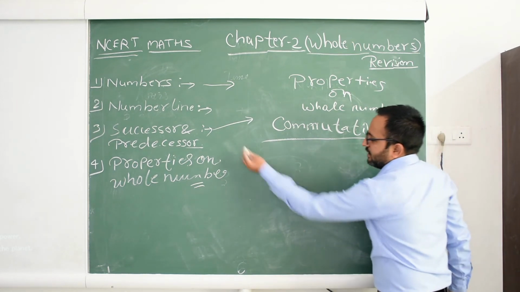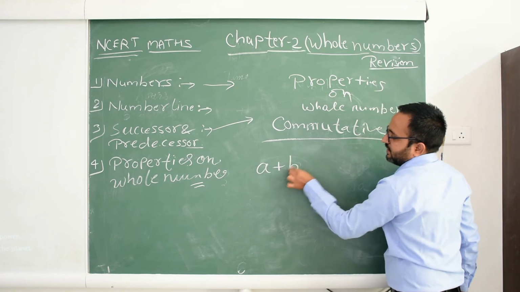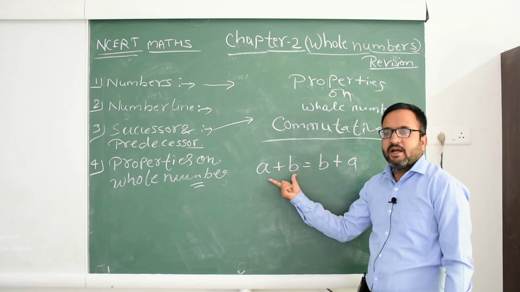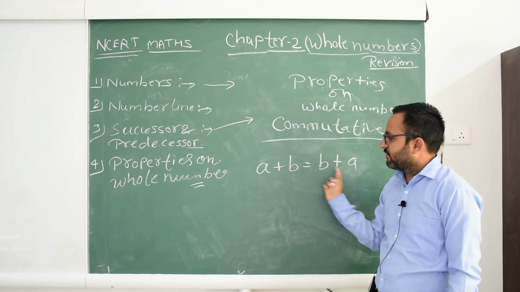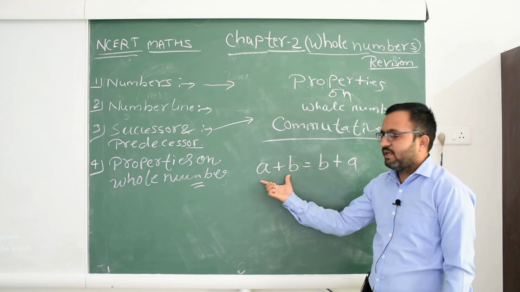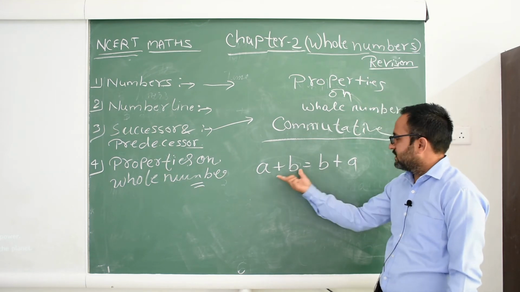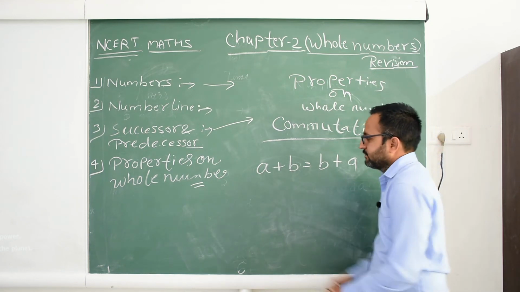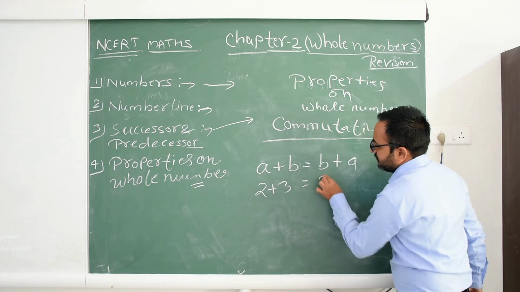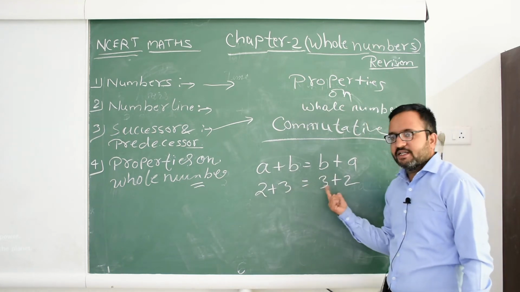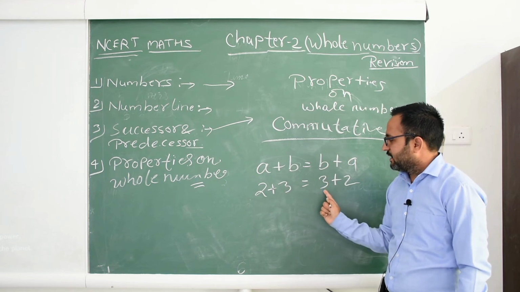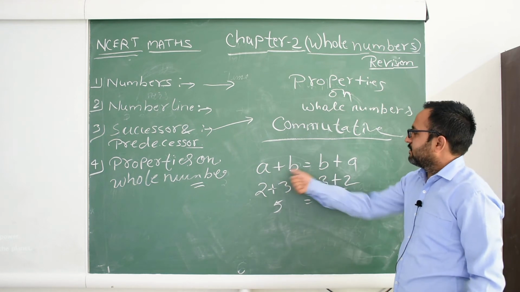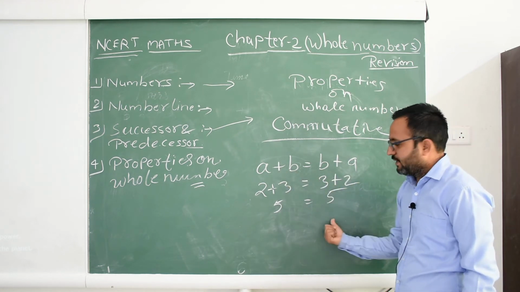For this we write the statement A plus B equals B plus A. If we change the order of A plus B, that is, swap the numbers and perform the same operation, we get the same number, like 2 plus 3 equals 3 plus 2. In this case we swap the numbers: 2 plus 3 is 5 and 3 plus 2 is 5. In the case of addition, we get the same number, 5 and 5.